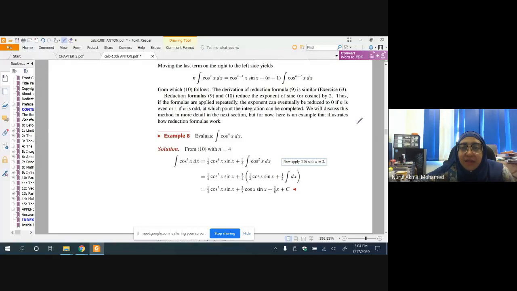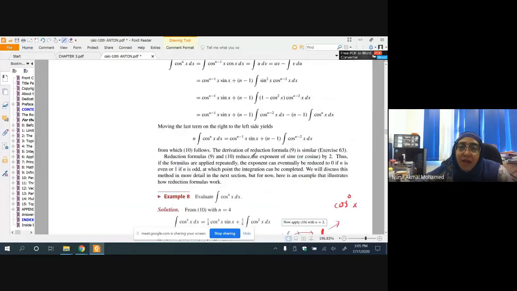Once you apply it, you get 1/2 cos to the power of 0, which gives you 1. So that's why here a constant 1 stays, because you have cos x to the power of 0. Integration of 1 will give you x. So this is the final answer.